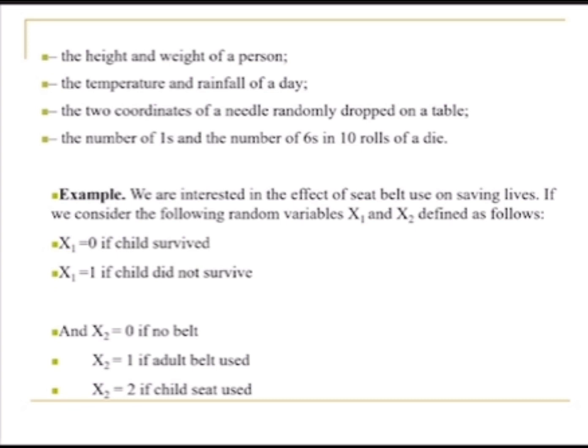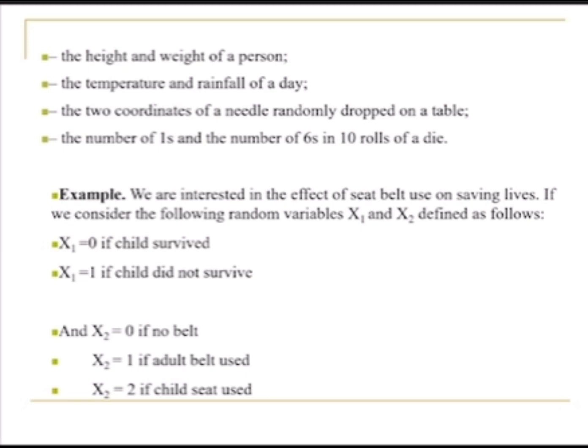The first variable has two levels, which is either somebody survived or not. That's two levels. But the second variable has three levels, 0, 1, 2.